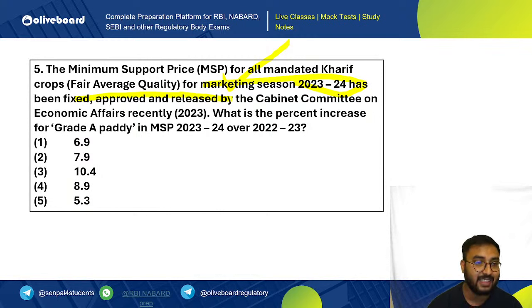What percentage increase has been there for grade A paddy from the past year as compared to the present 2023-2024? 6.9, 7.9, 10.4, 8.9, 5.3. So the answer here is 6.9%.